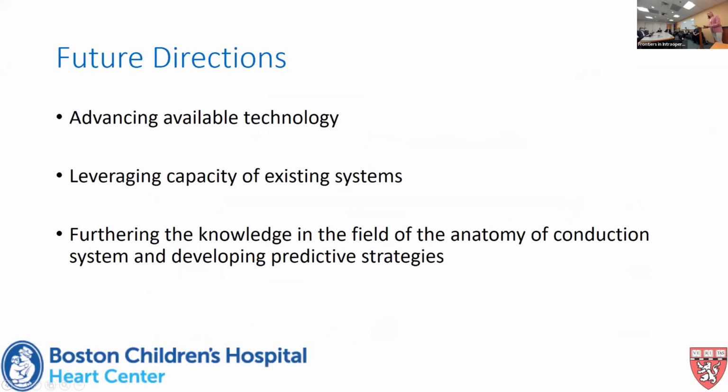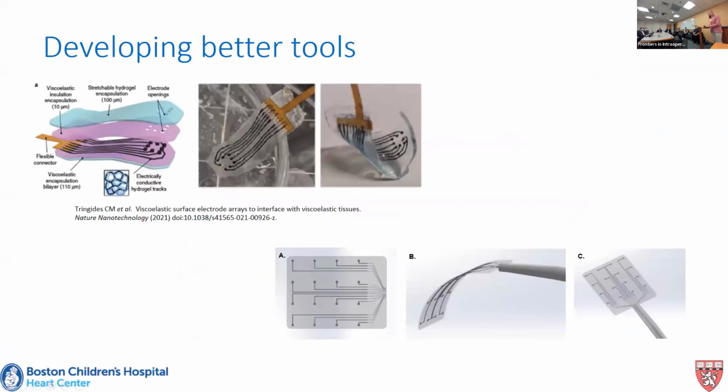And then I'll briefly touch on some of the future directions that I see us being able to take as we go forward. We're hoping to develop better tools that might let this be a practice that moves beyond just complex biventricular repairs, and becomes more mainstream, so that even in patients who have relatively simple lesions like VSDs or tetralogy of Fallot, who do still get conduction injury, whether it's heart block or right bundle branch block, we can help. We're looking at the development of a highly viscoelastic, flexible microelectrode array.